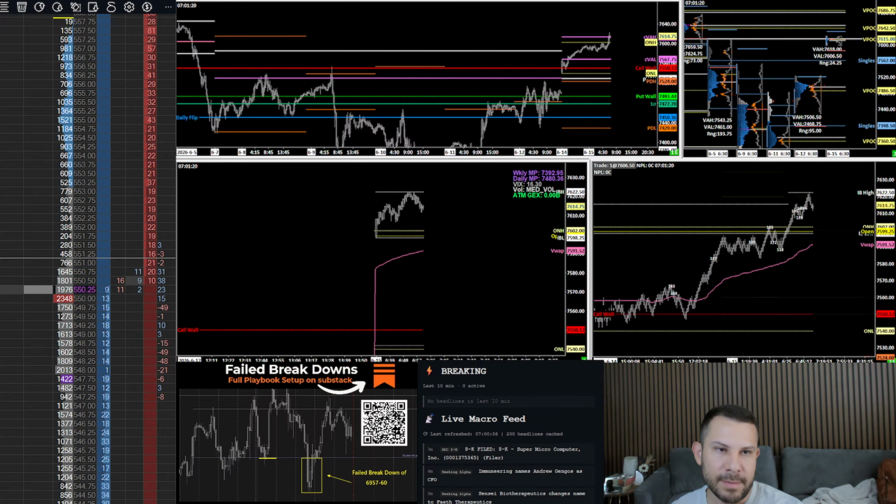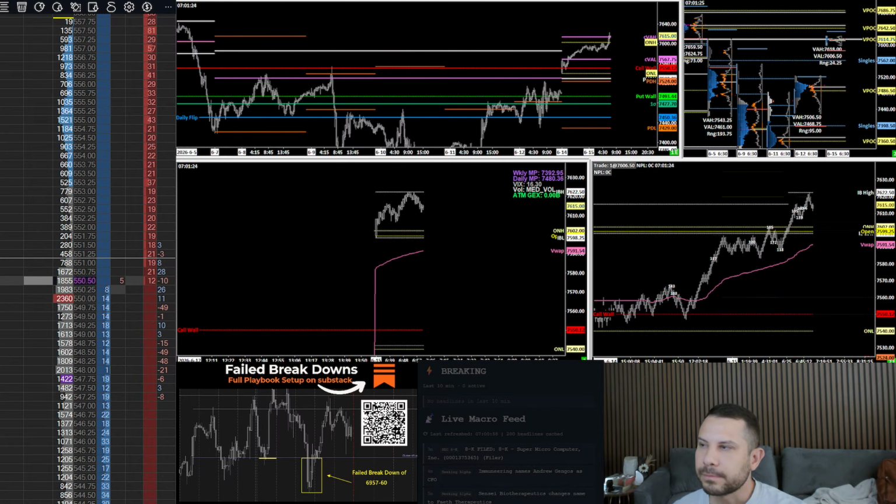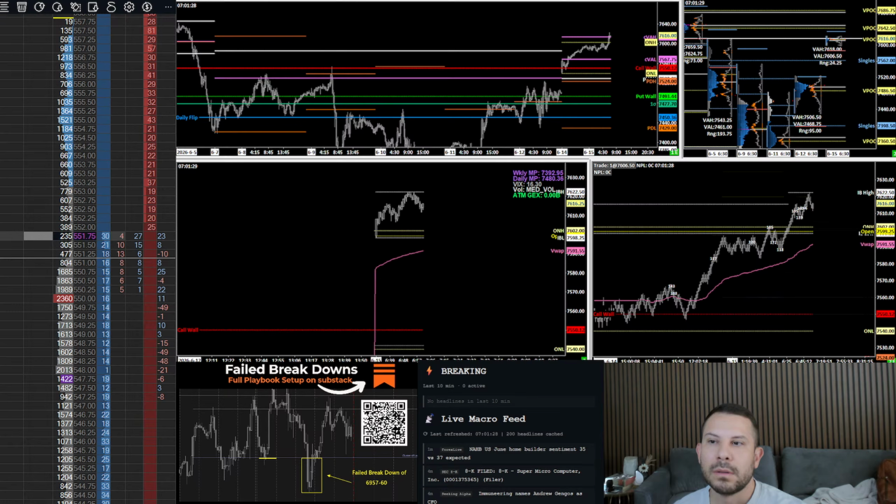Probably redo the gamma levels in a little bit just because of the big gap. The Fed meet is this Wednesday. Pretty sure it's this Wednesday, right? CPI year over year Tuesday. Is that for us?